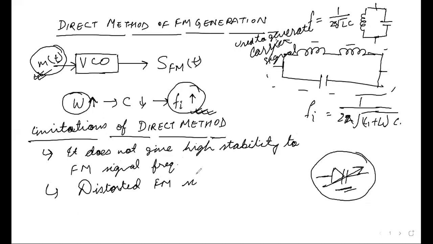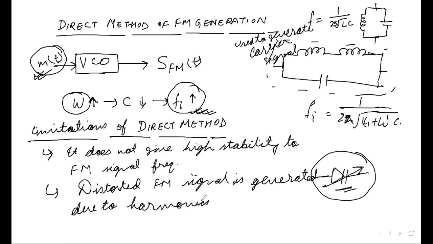Distorted FM signal is generated due to what? Due to harmonics of the fluctuating frequency.